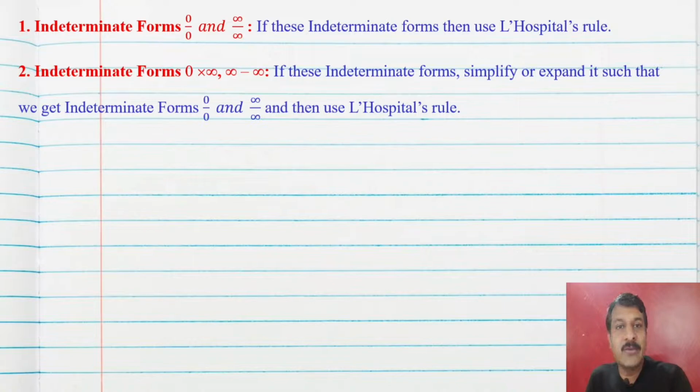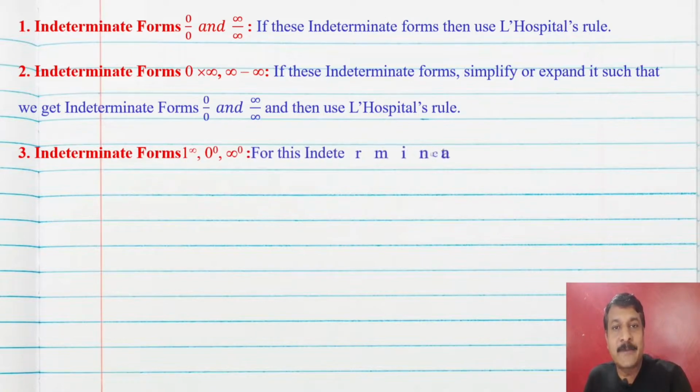So where can we use L'Hospital's rule directly? When the indeterminate form is 0 by 0 or infinity by infinity. In other cases, like 0 into infinity or infinity minus infinity, you have to first convert to 0 by 0 or infinity by infinity. Then only we can use L'Hospital's rule.